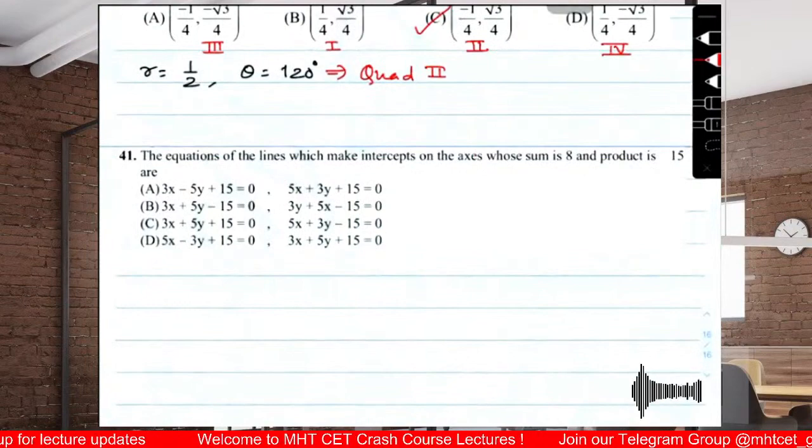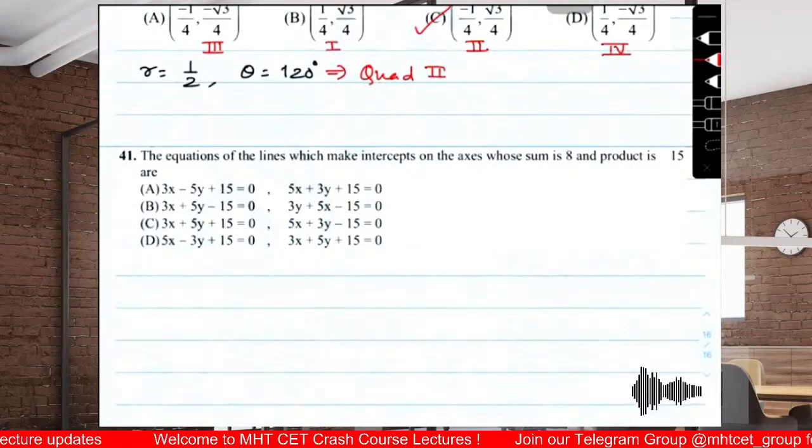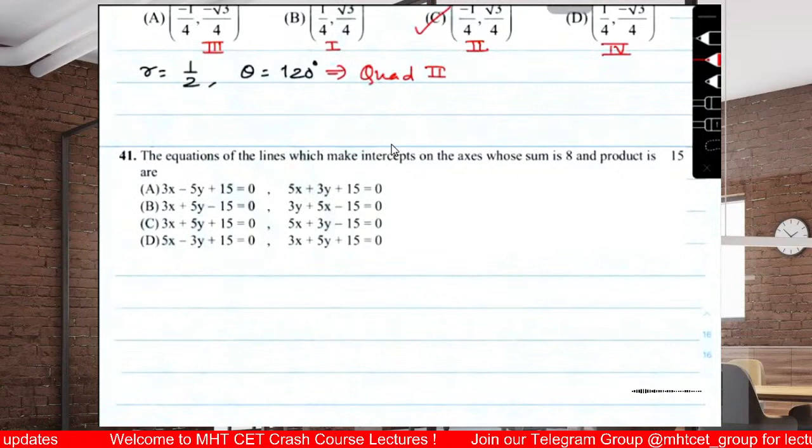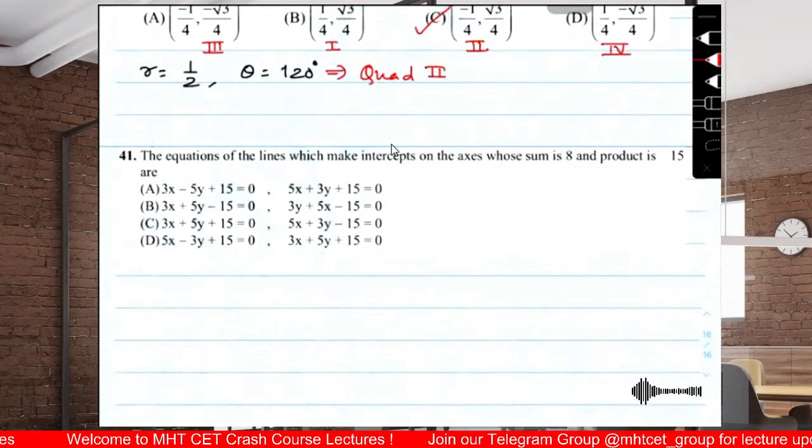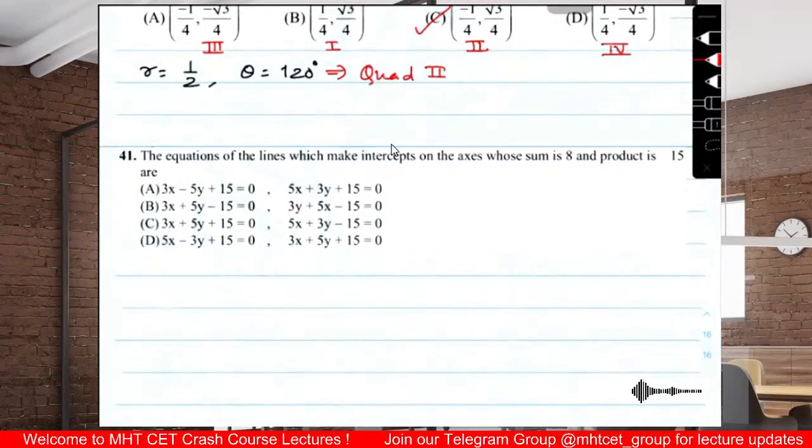The equations of the lines which make intercepts on the axis whose sum is 8 and product is 15. Sum is 8, product 15. डायरेक्ट भी कर सकते हैं तुम लोग.